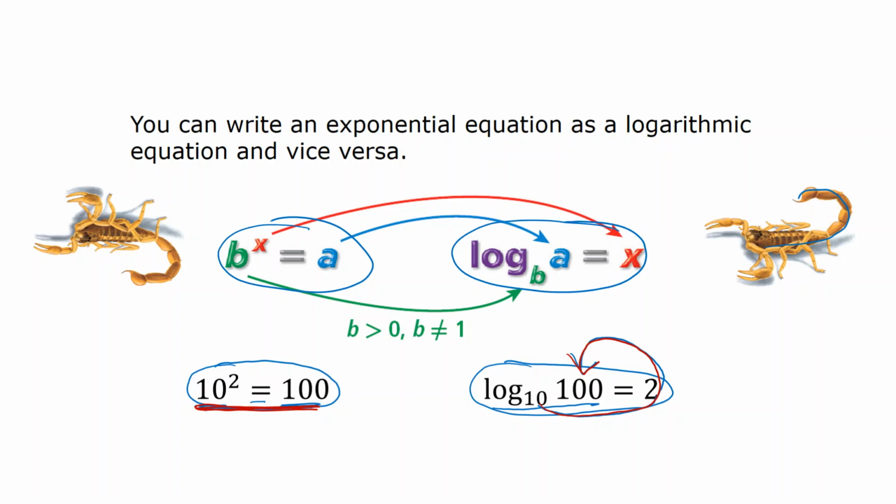If I'm given this statement, 10 squared equals 100, I need to rewrite it in log form. I'm going to say log base 10 of 100 equals 2. So I'm going to do my scorpion backwards. So we're going to do some examples and try that out.